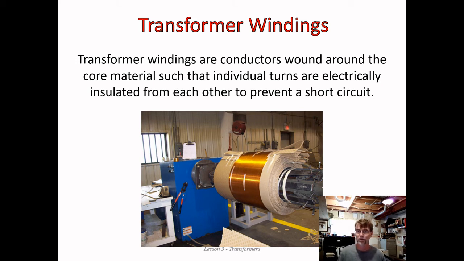Here's a really important point. When you look at a transformer, oftentimes the insulation on the transformer windings is a clear silicone, and it's very thin and you almost can't see it. It looks like just bare copper wire. Well, it can't be, because then you would simply have a short circuit.